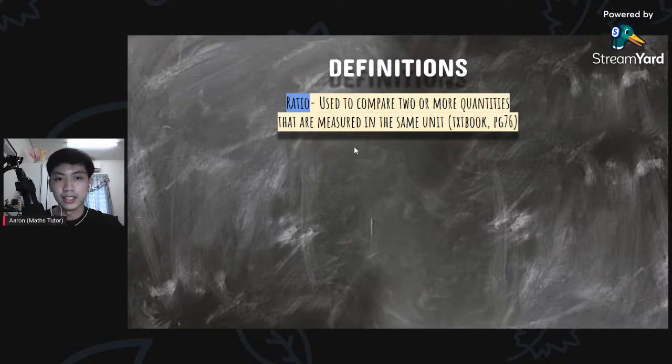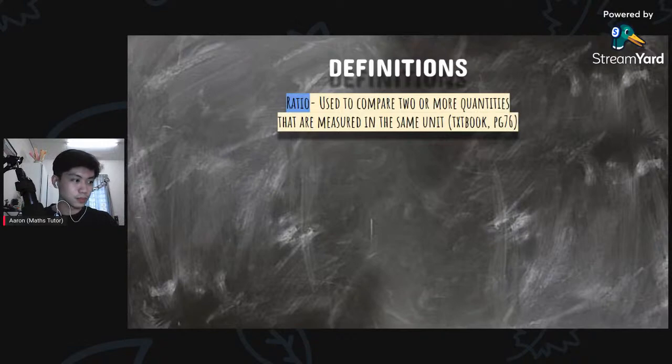If you measure a thing in kg, the other thing must also be in kg. That is the only thing acceptable in ratio. So remember, ratio needs to be measured in the same unit, but you can compare two or more quantities, that means 3, 4, 5, or even more.